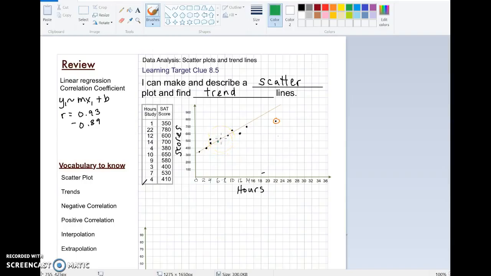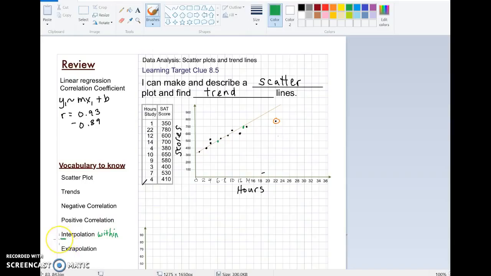And I could say, well, if a student studied for 6 hours, they might score a 500 on the SAT. Or I could say, what if they studied for 13 hours? I could look at 13, go up here, and guess, or make an interpolation, that their score might be 700. Okay? So that's what interpolation means. I'm looking within the data. So I'm going to write right here, within.